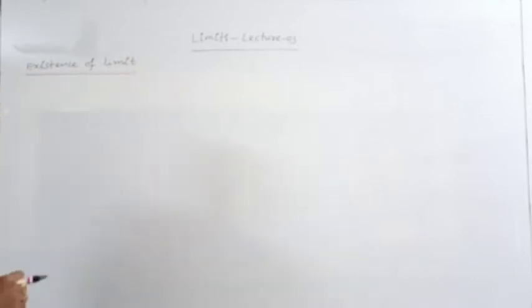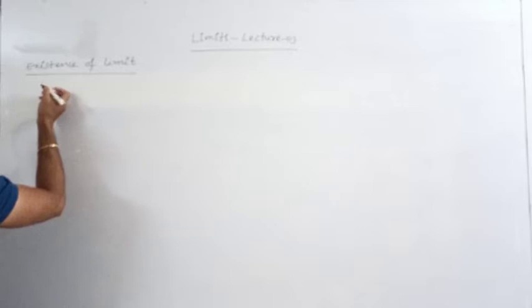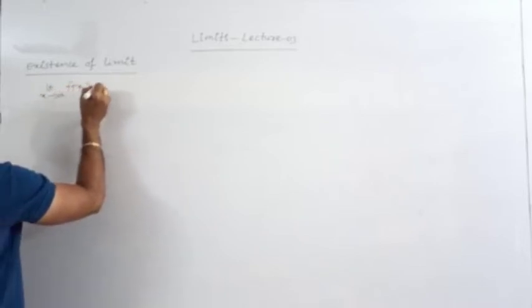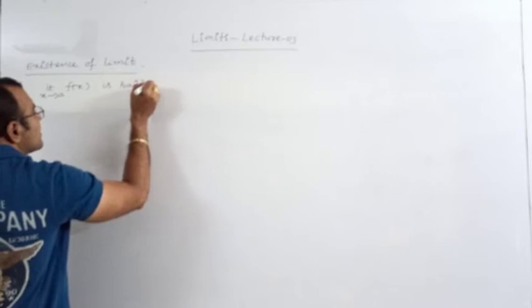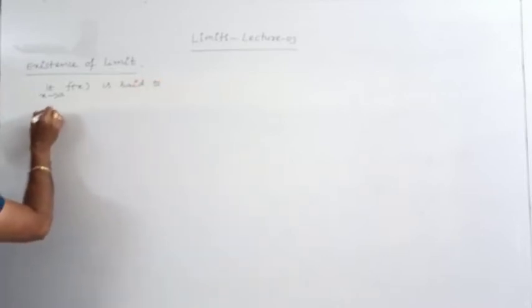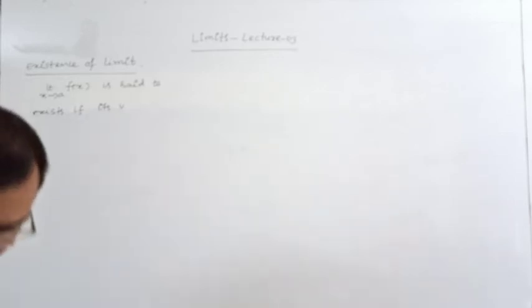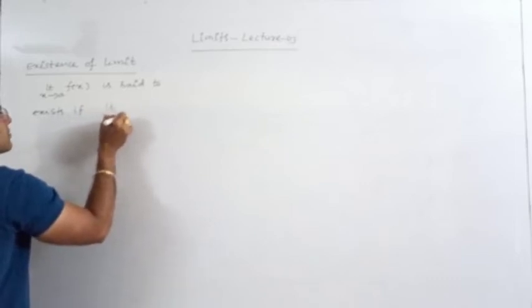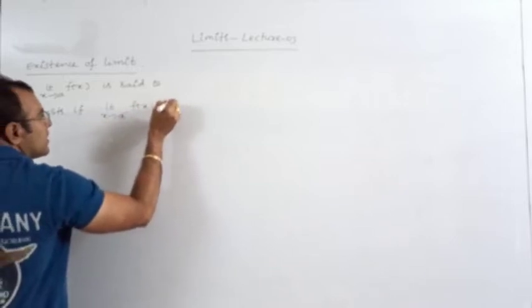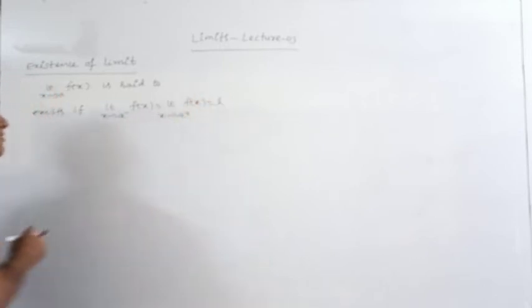Remember, limit x tends to a, f of x is said to exist if both left hand limit and right hand limit must be the same and equal to some finite number L.